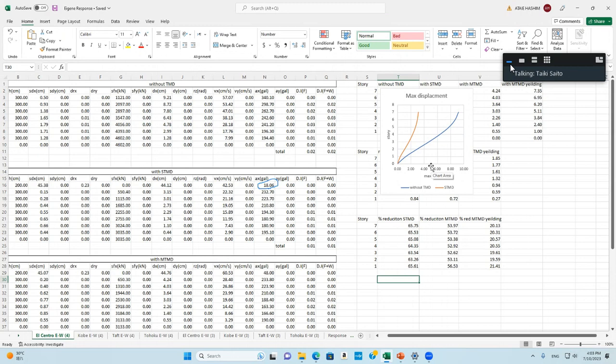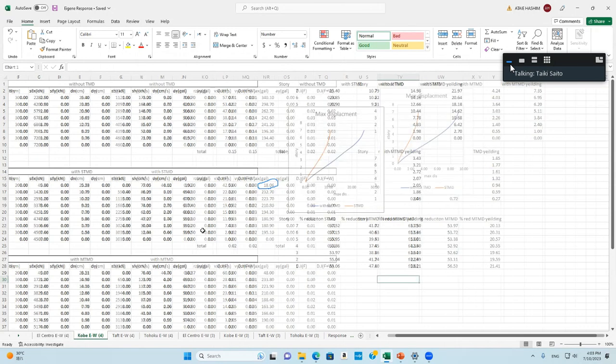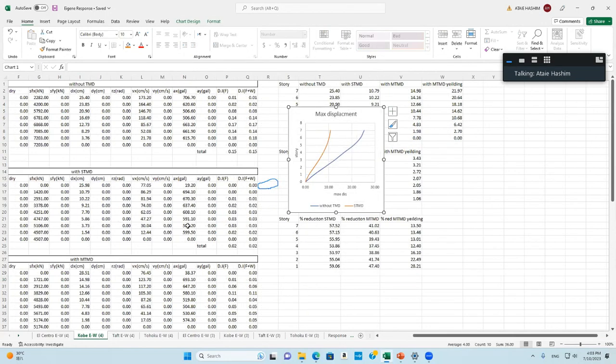Is this the result, I mean, did you also try many earthquakes? Yes. For Kobe, it didn't decrease the acceleration of the floor so much.